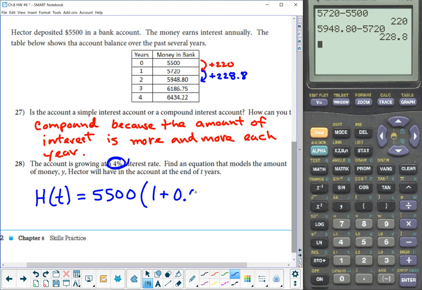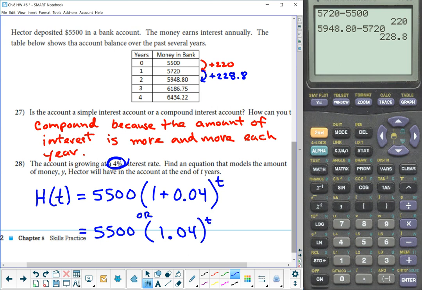So 0.04 to the T power. If you want, you could write it as 5,500, and you could add the 1 and the 0.04 to make 1.04 to the T power, right?